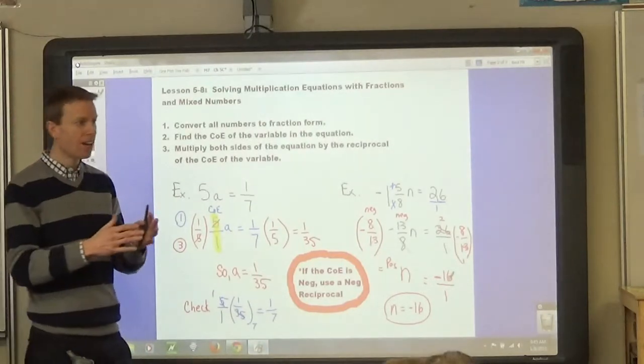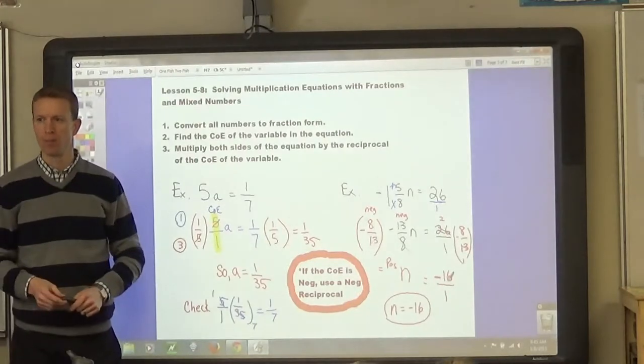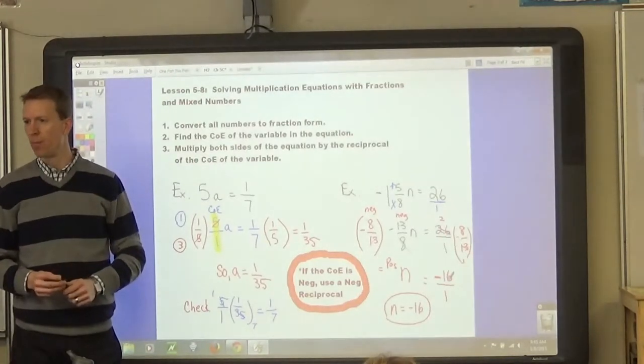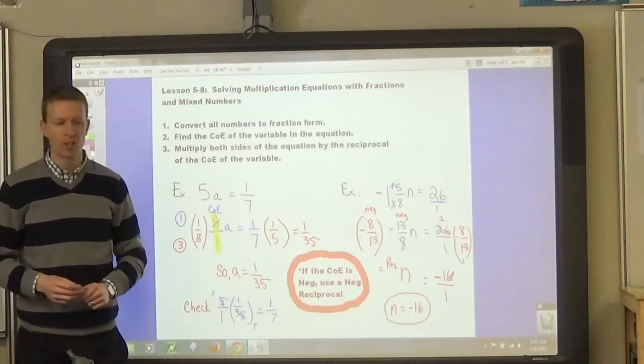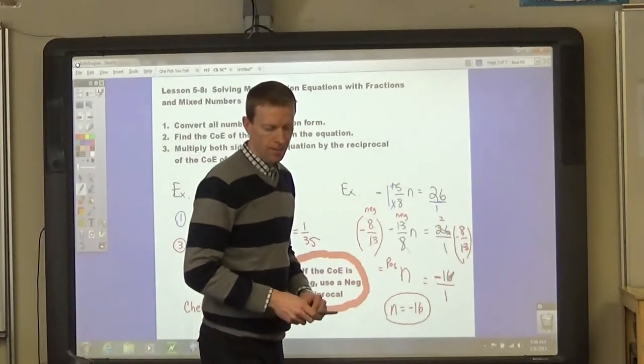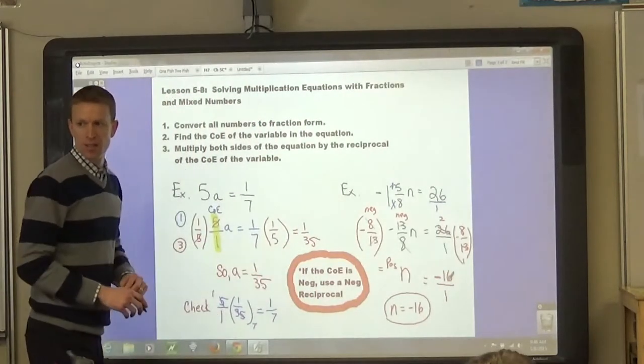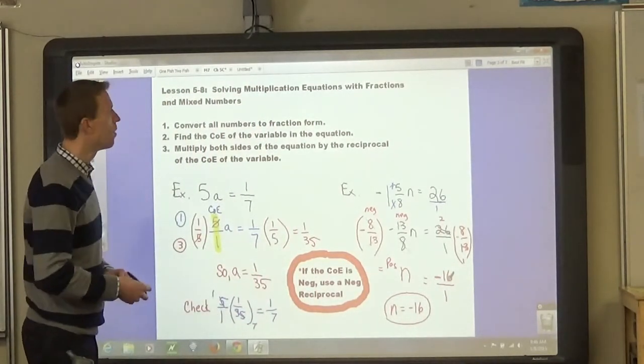And we're doing that along with the process of solving the equation, multiplying by a number on both sides. Okay? Let's look at number 1 on your worksheet for today. 8x equals 12.